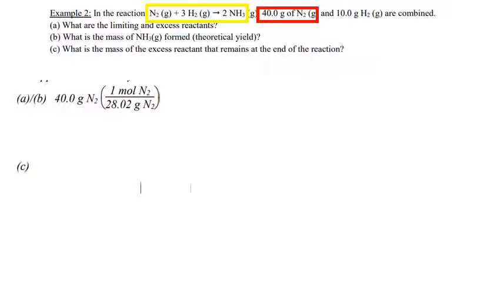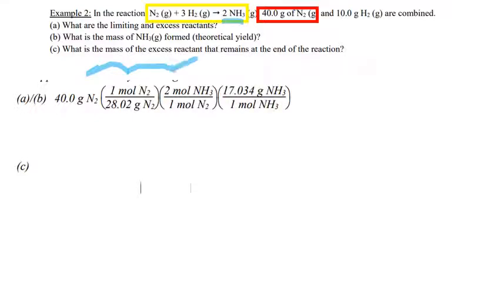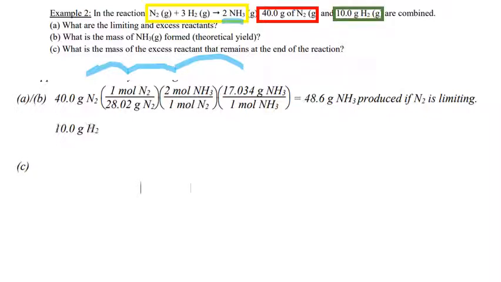We run it through here to see how much ammonia we will actually make. So I do my grams to moles, to moles, to moles, and then I do one more, moles to grams. And that gives me how much ammonia I can make. Now I'm going to do it again with the 10 grams of hydrogen.